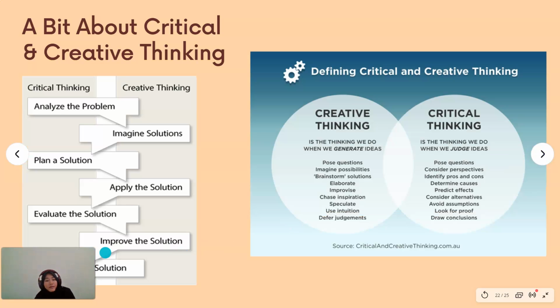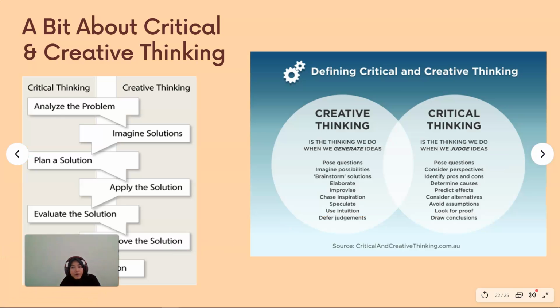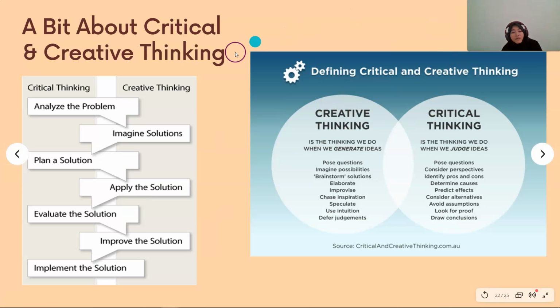Okay, so the last part is the recap of what you have learned before about critical and creative thinking. This is a process where critical thinking and creative thinking are connected to each other. What are the processes involved? In general, you need to analyze the problem.